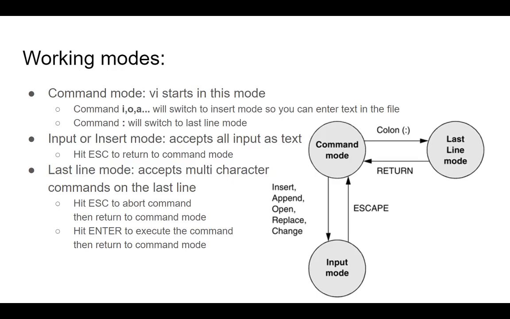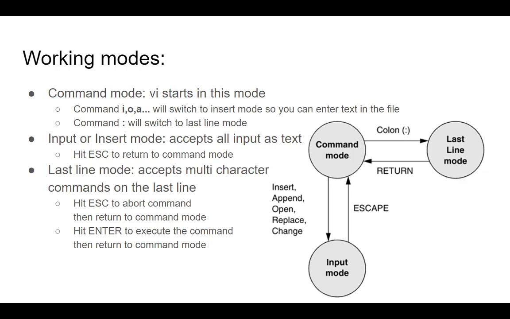Just an overview of the modes. Remember, when you open a new file, you always start in command mode, and then depending on what you do, you type the command that will do what it is you're intending to do. That might be locate, that might be a change, that might be insert, to get to input mode. So you type that, or you type a colon to switch to last line mode.